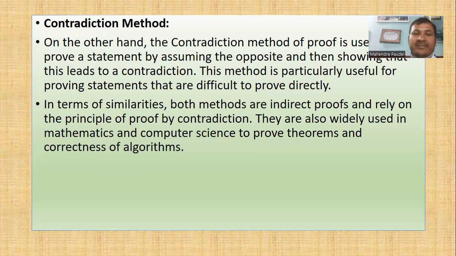In terms of similarities, both methods are indirect proofs and rely on the principle of proof by contradiction. They are also widely used in mathematics and computer science to prove theorems and the correctness of algorithms.